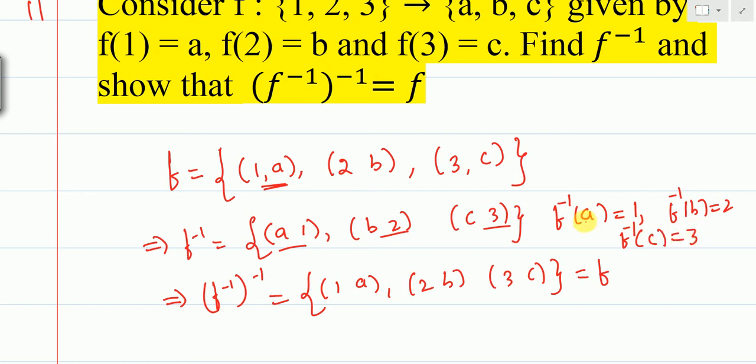We can also denote this f inverse as g, so that we can write it as g of a is 1, g of b is 2 and g of c is 3. So this is f inverse, and inverse of f inverse is (1, a), (2, b) and (3, c). These are all ordered pairs, which is nothing but f.